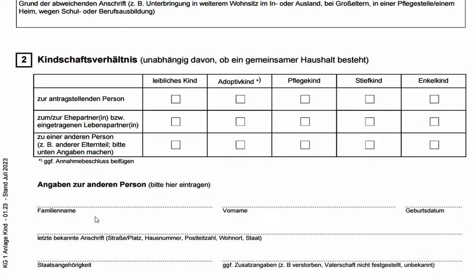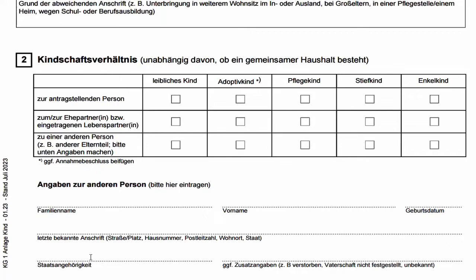Here you write the last name of this other person, here the first name, here the date of birth of this person. Here you write his or her last known address, including his or her street name, house number, postal code, name of the city, and name of the country where he or she lives.